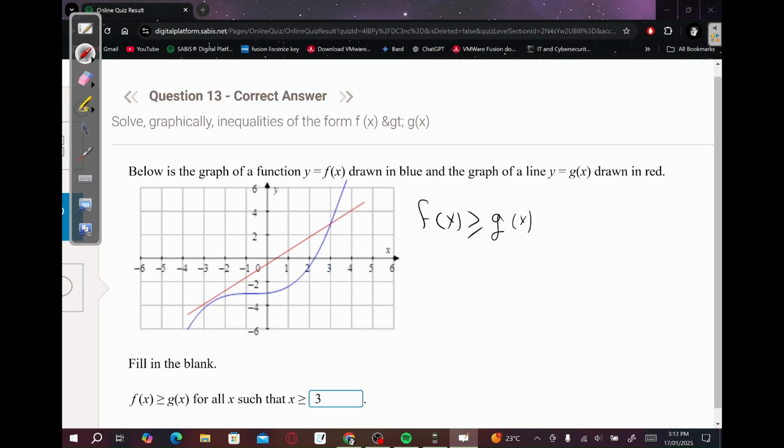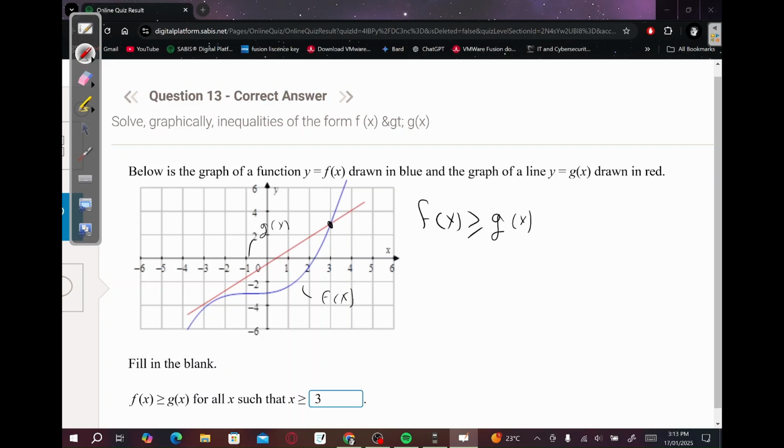Now, this is going to be at any point of intersection. Now let's just look. Okay, this is the point of intersection between them. Let's see below the point of intersection. Remember, the red is g of x, and the blue is f of x.